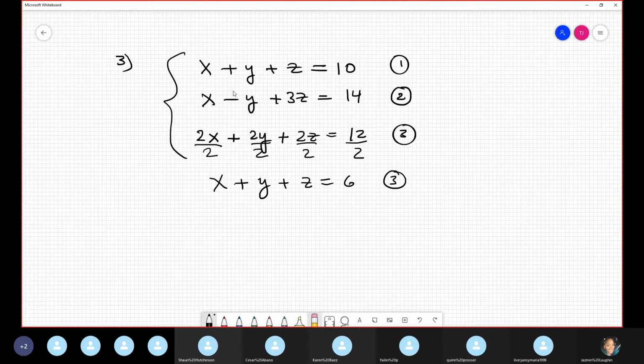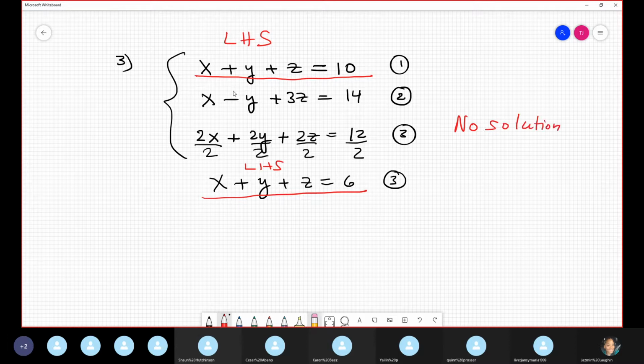It's the new equation 3, no? If you compare this equation and the first one, you see in the left-hand side, we have exactly the same x, y, and z with the same coefficients, equal 10. And otherwise, we have here in the left-hand side exactly the same, but equal 6. This is a contradiction. It's obvious and no solution.